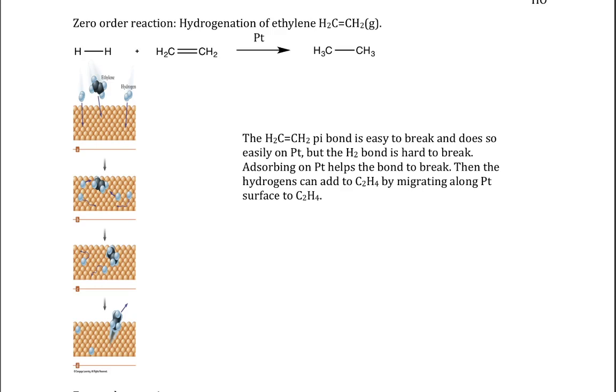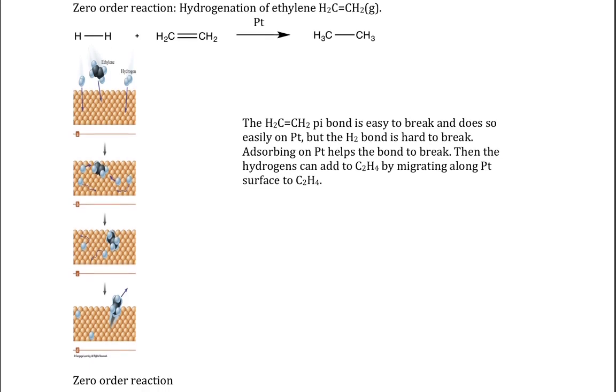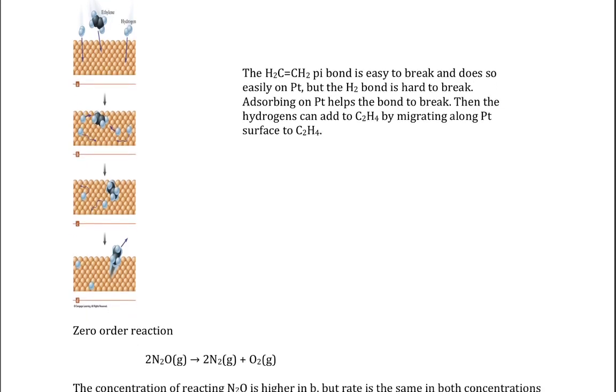And the hydrogen atoms then come apart. Now they're individual atoms, and they can each migrate to ethylene and add on to it, giving our C2H6 product.